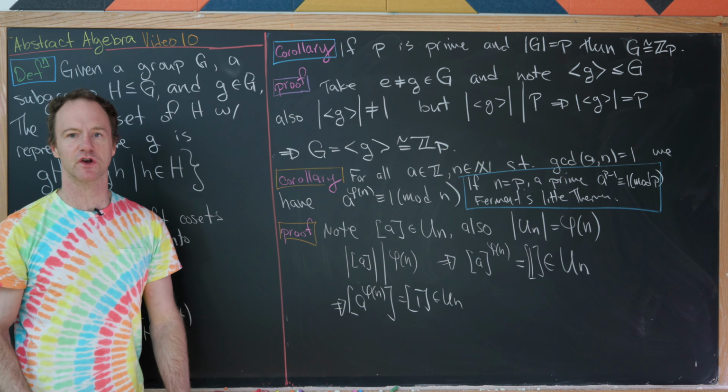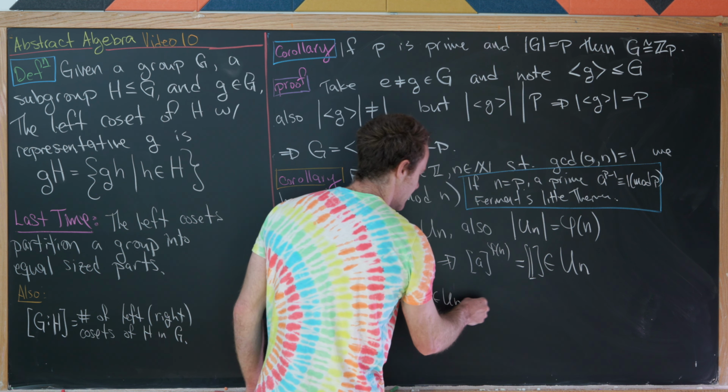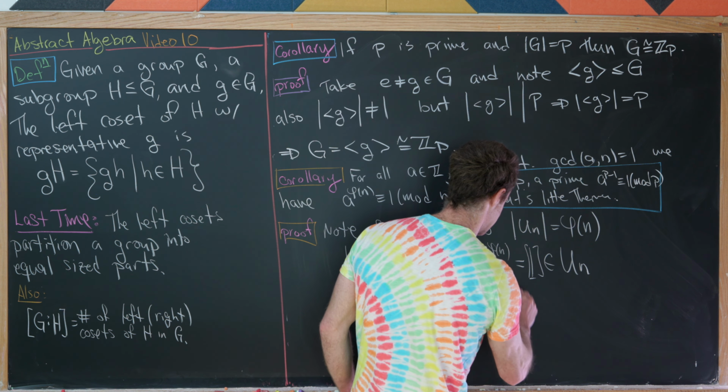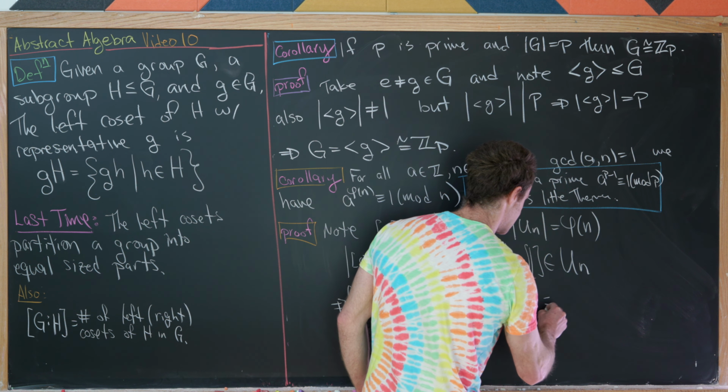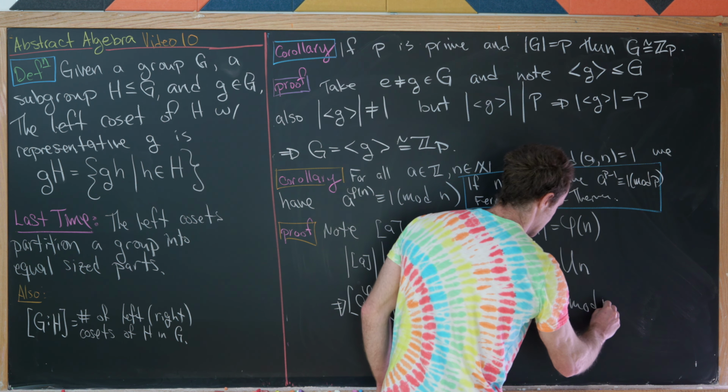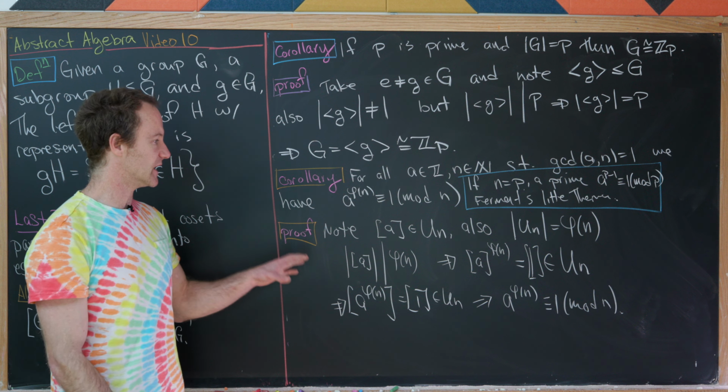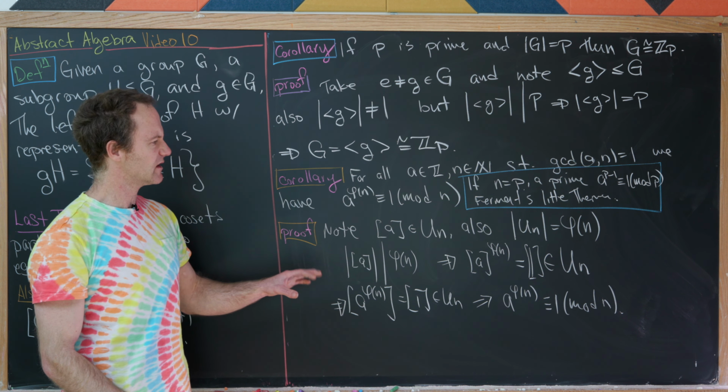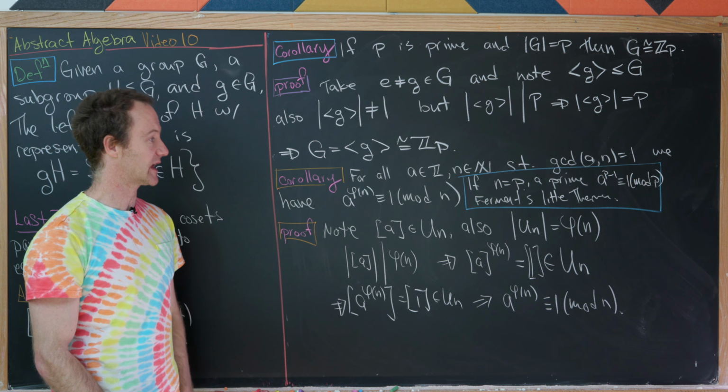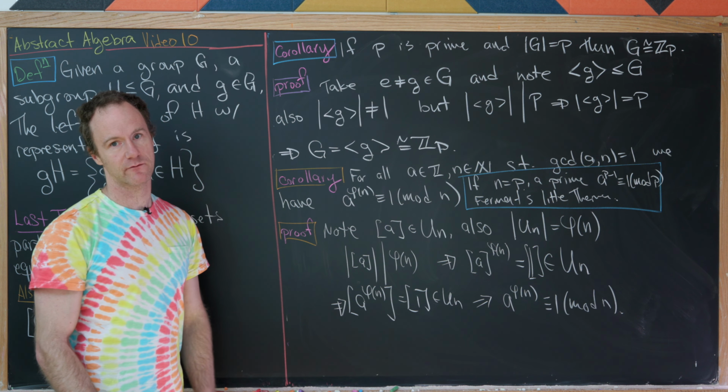But what does it mean for those equivalence classes to be the same? Well, that's exactly the same as saying that a to the phi of n is congruent to 1 modulo n. And there's our result.